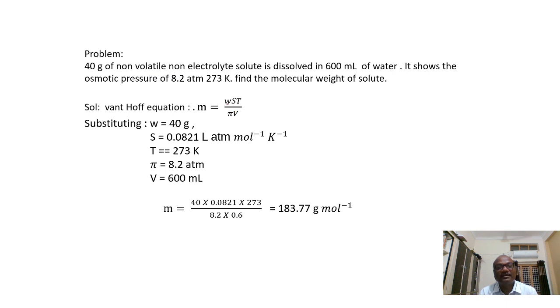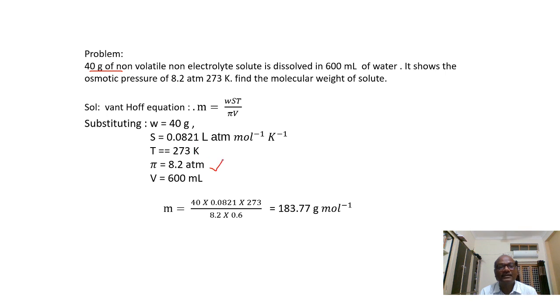So what is W? Weight of solute. S is the solution constant, T is absolute temperature, pi is osmotic pressure, and V is the volume of solution. W is equal to 40 grams, it is given. S is the solution constant. Because the volume of solution is given in milliliters, we will convert it into liters. Here we are taking the units of S in atmosphere so that osmotic pressure will be obtained in atmosphere. It is also given in the problem itself, 8.2 atmospheres.